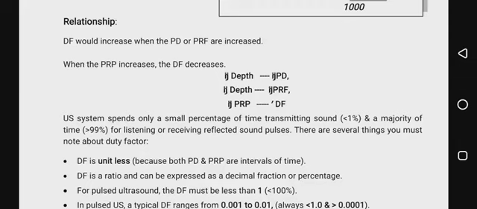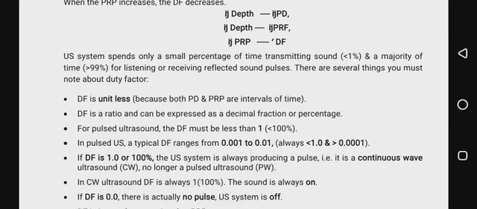There are several things you must note about duty factor. Duty factor does not have units because pulse duration and PRF are intervals of time. Duty factor is a ratio and can be expressed as a decimal fraction or percentage.